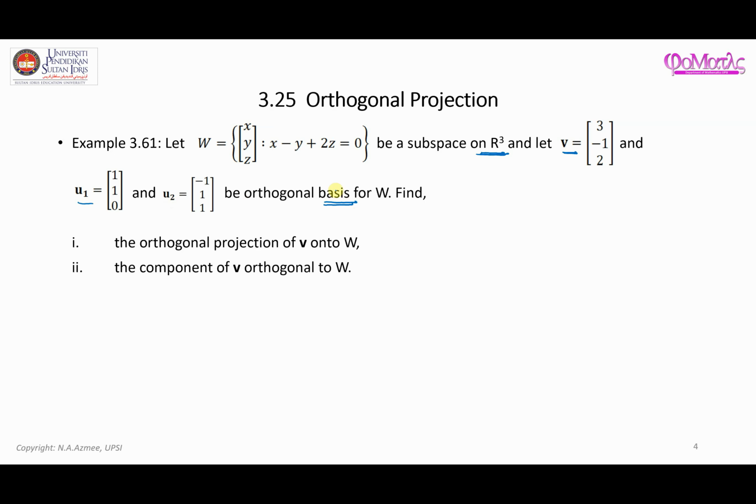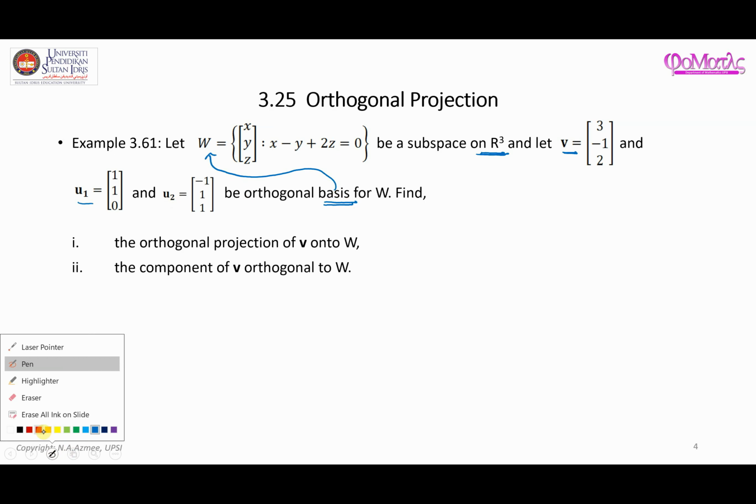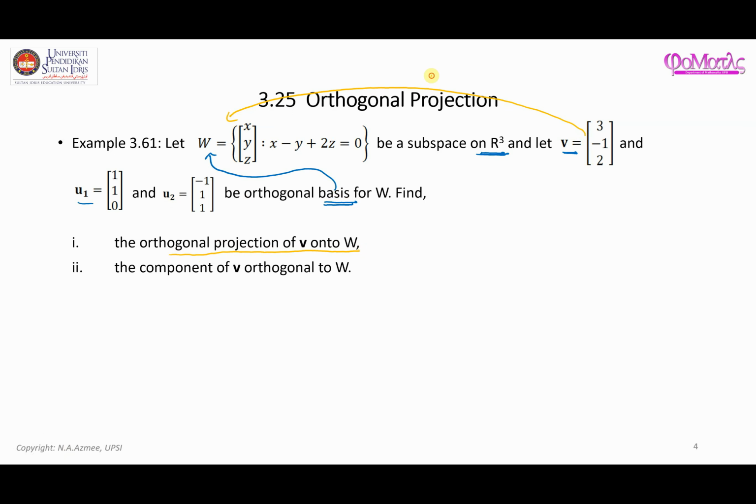So this is the basis of W, and the question is asking you to find the orthogonal projection of v onto W. In order to project v onto W, we are going to use this orthogonal basis for W. That's the information that we need.